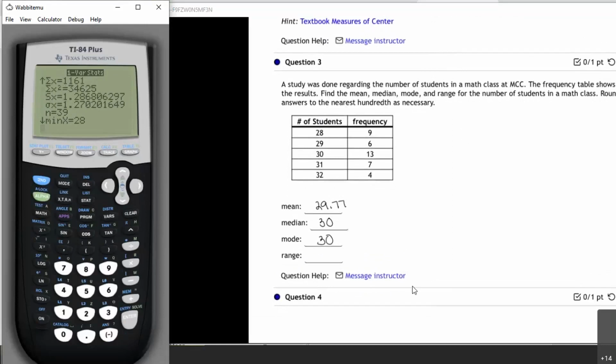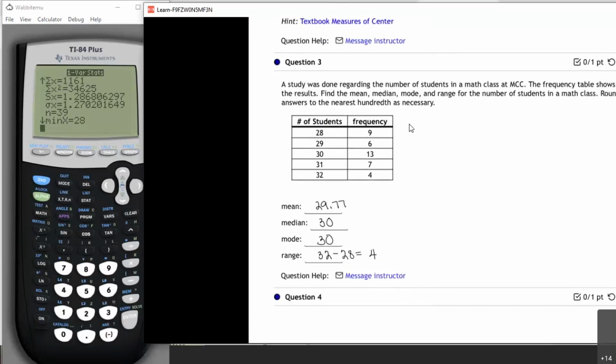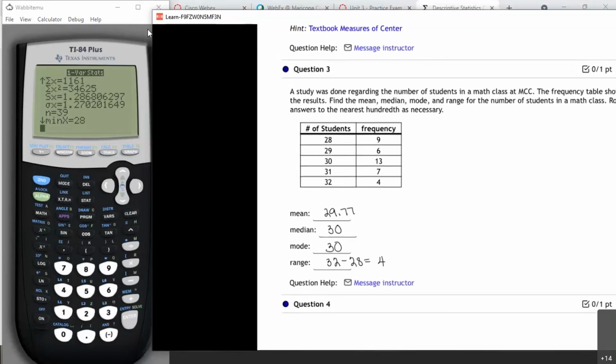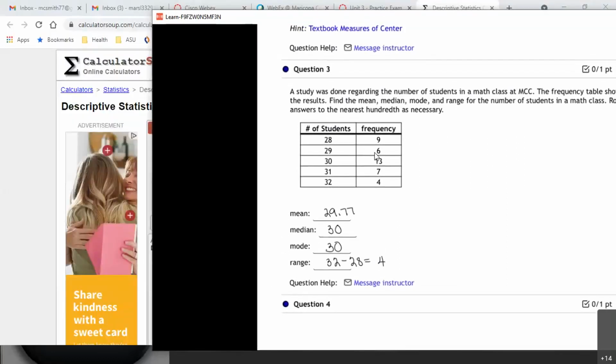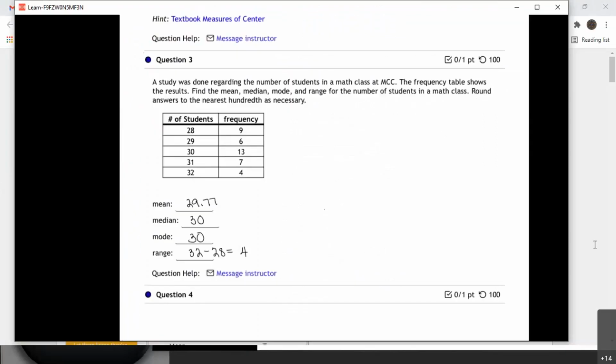So range is just your high value minus your low value. So 32 minus 28, the range is 4. So all your scores are within 4 units of each other. Remember, you're finding range on your scores, not your frequencies.